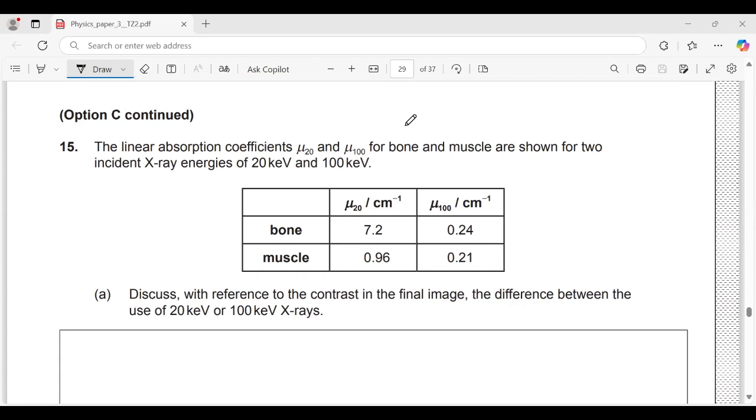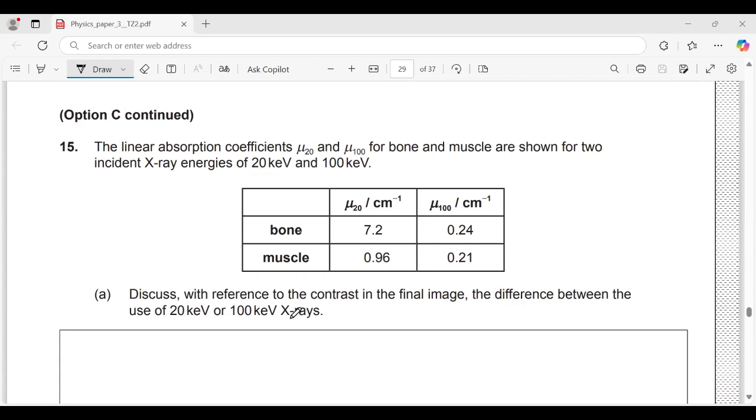Number 15. The linear absorption coefficients mu20 and mu100 for bone and muscle are shown for two incident X-ray energies of 20 kilo electron volt and 100 kilo electron volt. And this is the table.